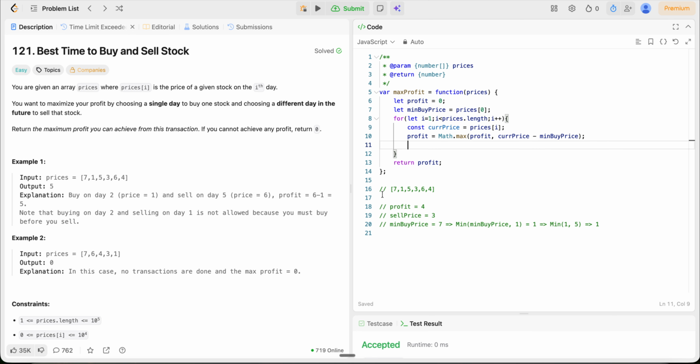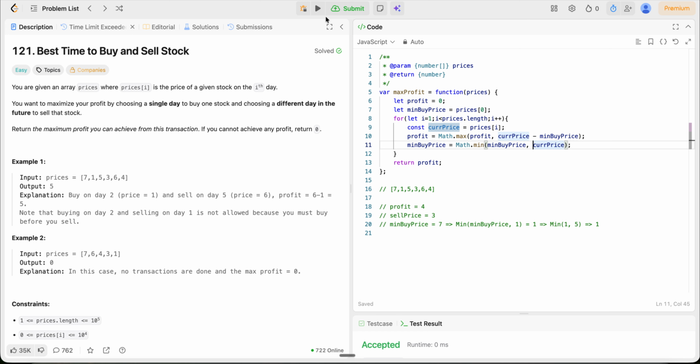Now once this is done, before I move, I will also have to update my min buy price. So Math.min of min buy price, which is the already existing one, versus the current price I have seen, or the current price of the day, and then we just keep iterating, right?